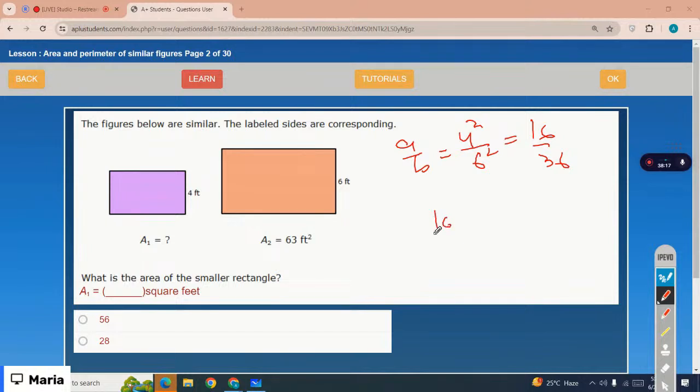So then that is 16 over 36 equals x over 63. So x equals 16 times 63 over 36. Let me just do calculations. 16 times 63 divided by 36. That's 28. The correct option is 28. Option number two is the correct one.